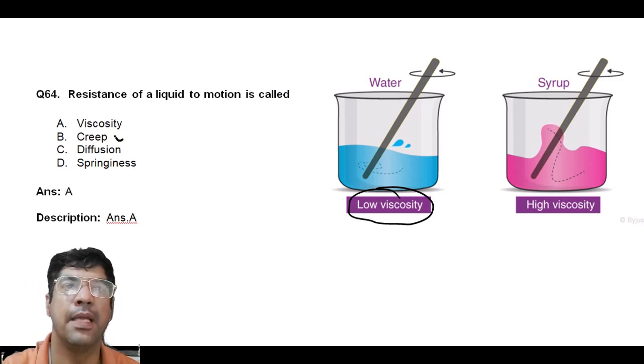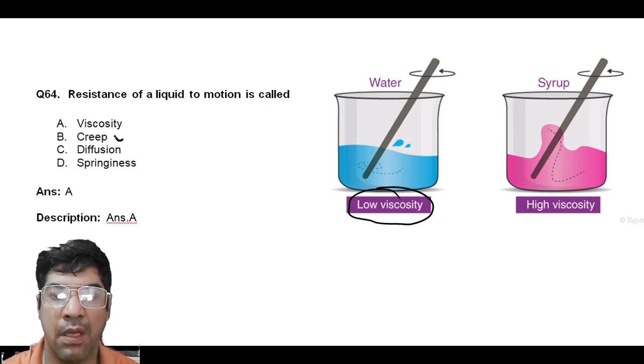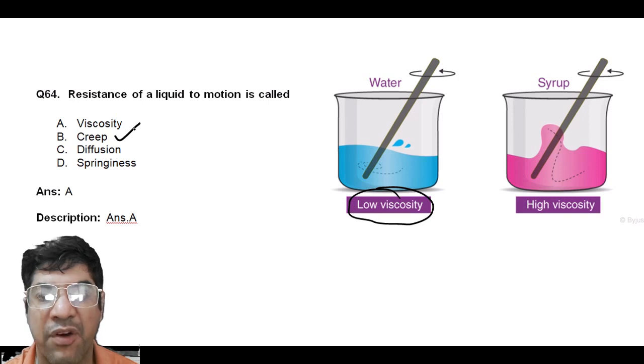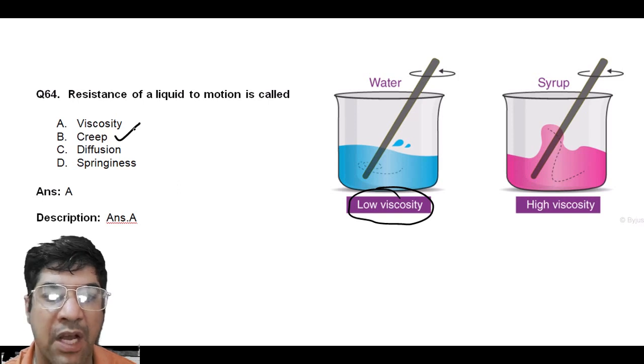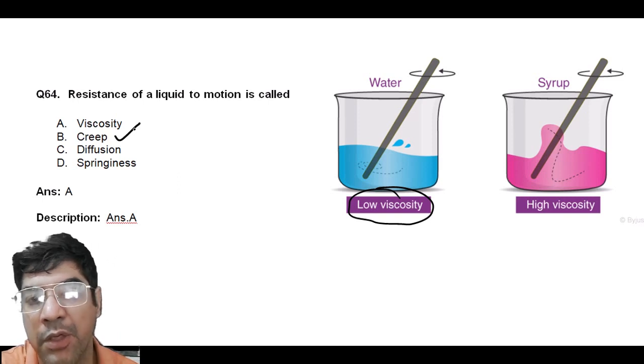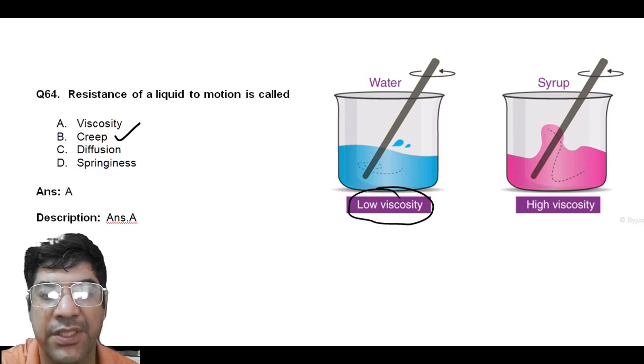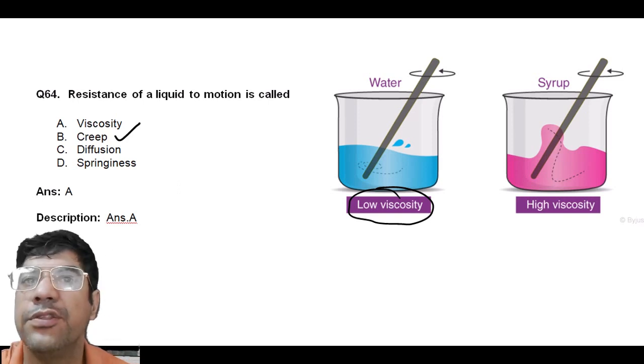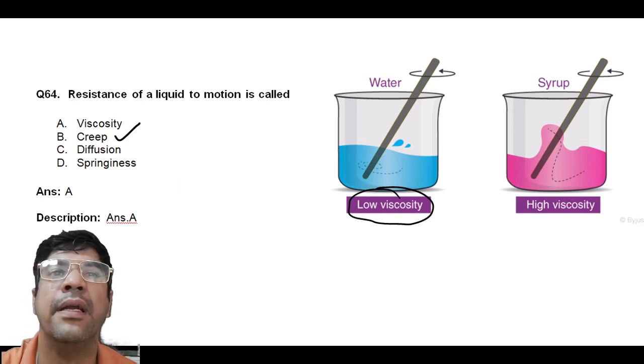The creep we discussed earlier is the time dependent plastic deformation of the material. Diffusion refers to movement of particles from an area of higher concentration to an area of low concentration. The springiness is the ability of material like a spring to return to its original shape after deformation. So your answer is viscosity.